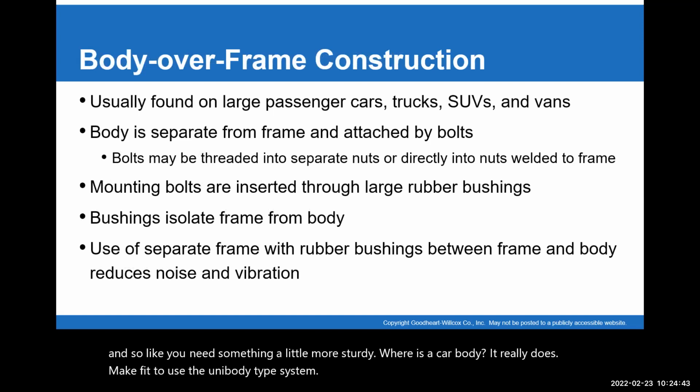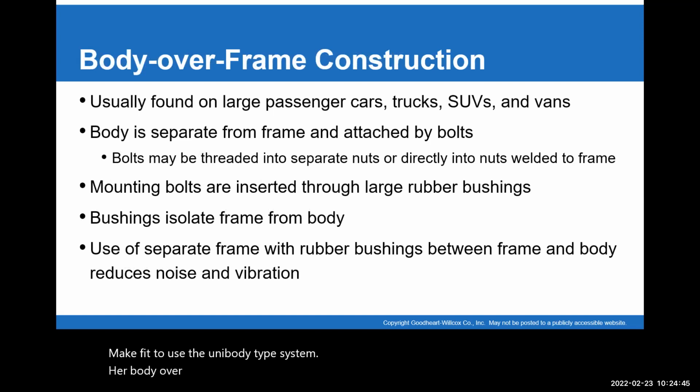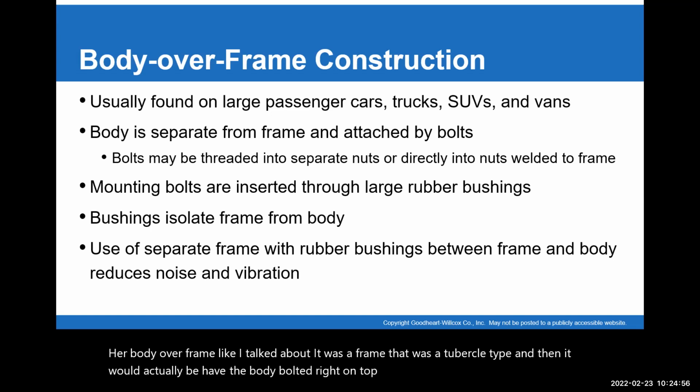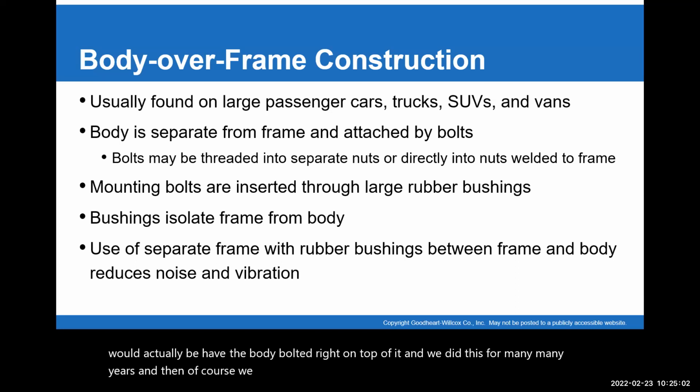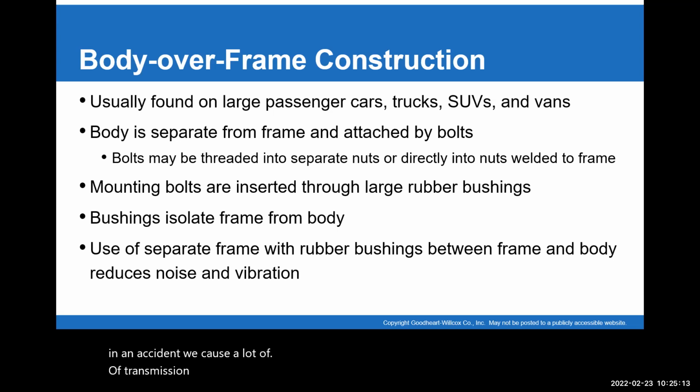And our body over frame, like I talked about, was a frame that was a tubular type, and then the body would be bolted right on top of it. We did this for many years, and then of course there were some studies done showing that anytime one of these cars got in an accident, it would cause a lot of transmission of the accident to the human body.